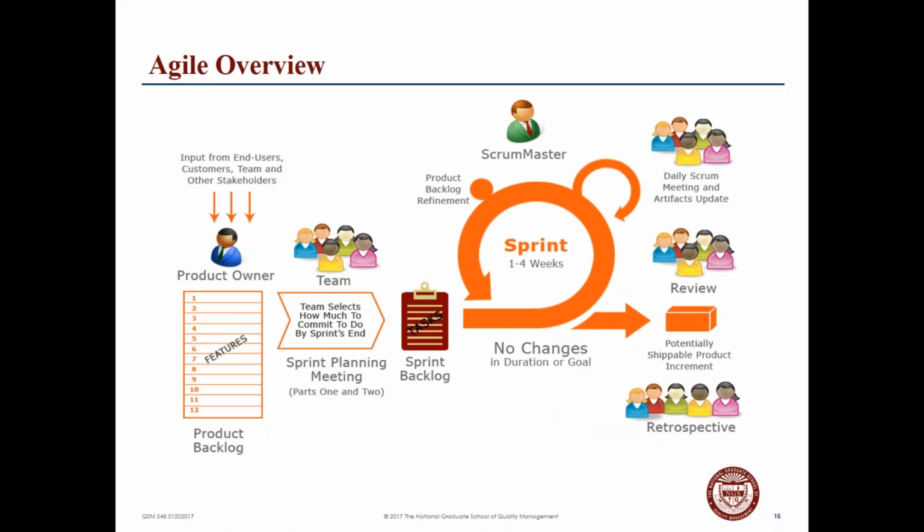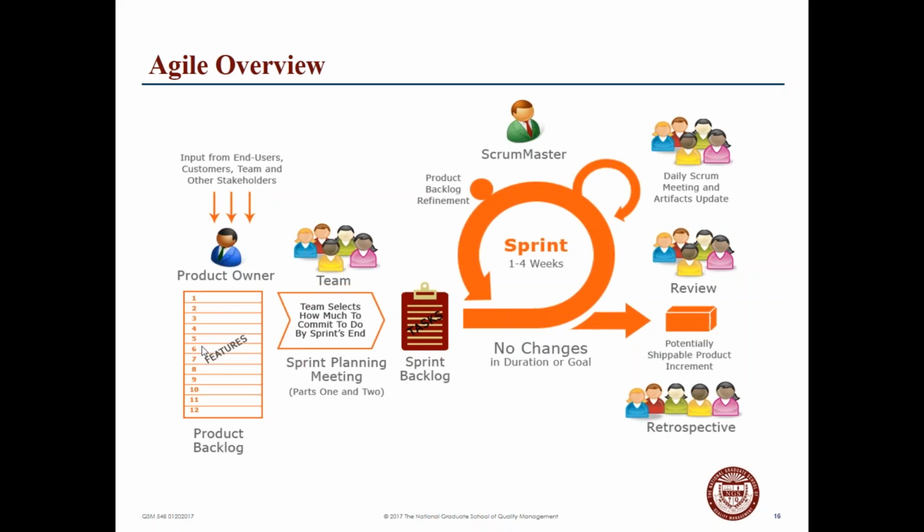So, if we look at the overview of an agile timeline or an agile steps towards it. So as you can see, with respect to, for example, the project owner, we get input from all of the end users, customers, team, and stakeholders.